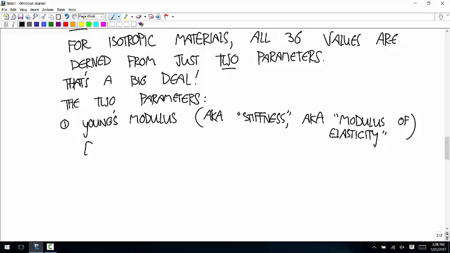It's denoted by a capital E, and it has SI units of pascals.